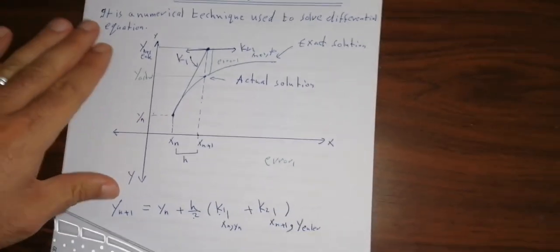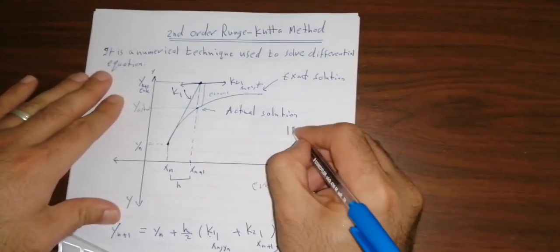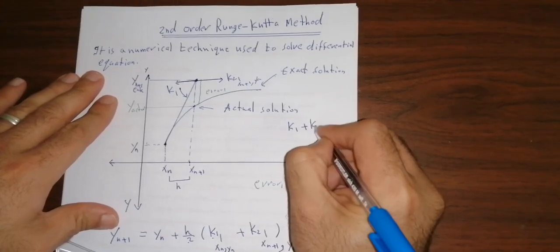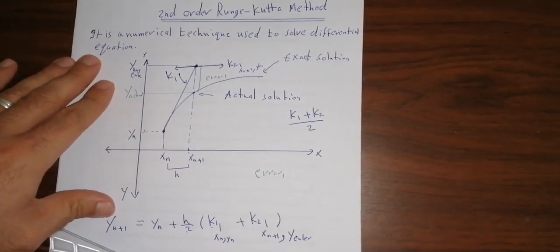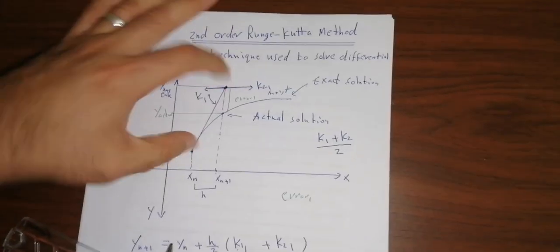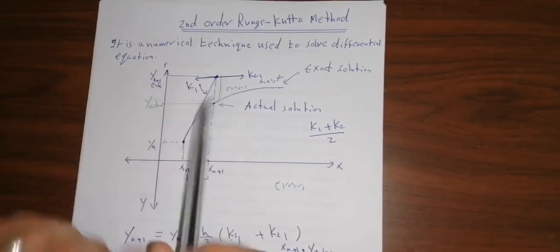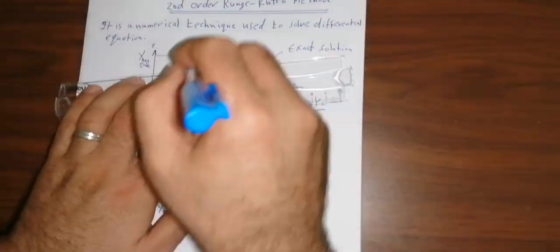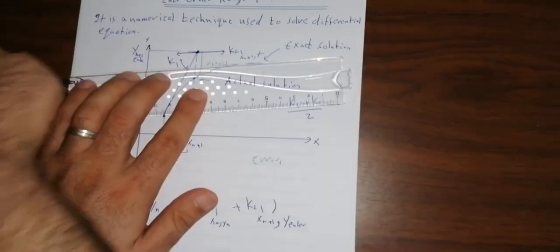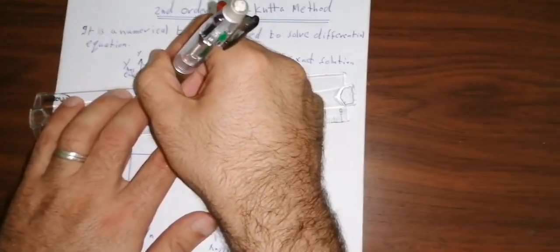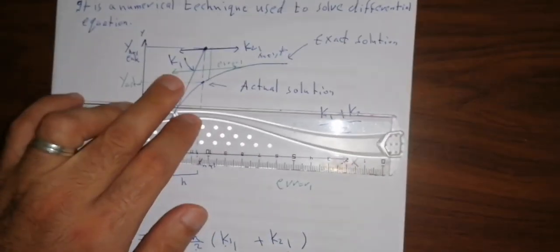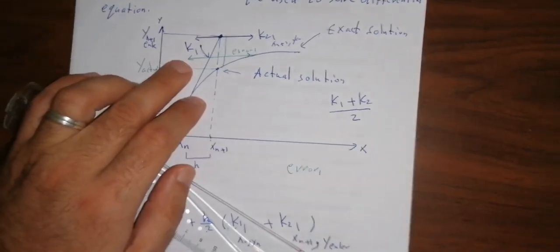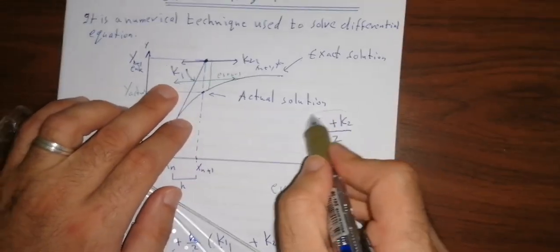Then Runge says k1 plus k2 divided by 2. When we take slope 1 and slope 2 and divide by 2, another slope appears down here. This slope represents k1 plus k2 divided by 2.